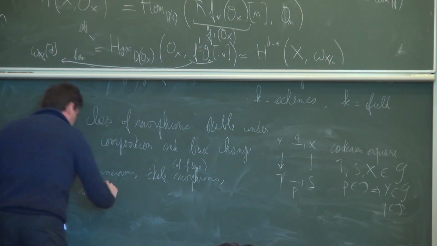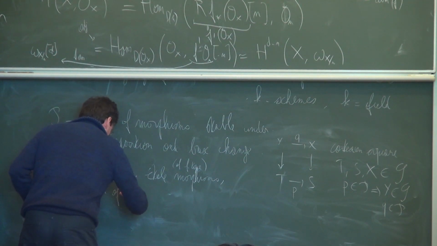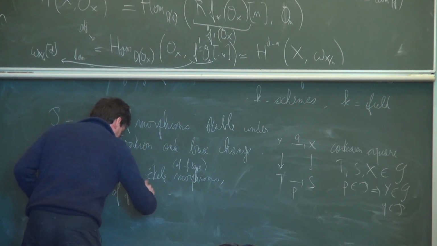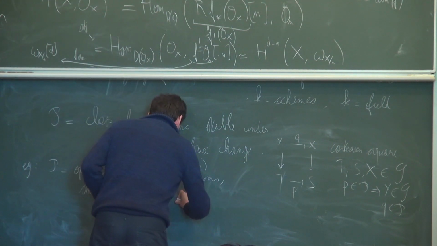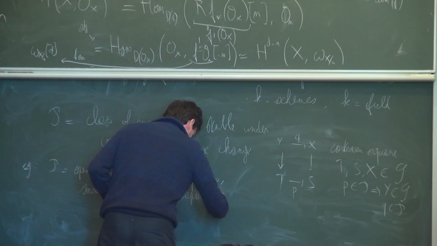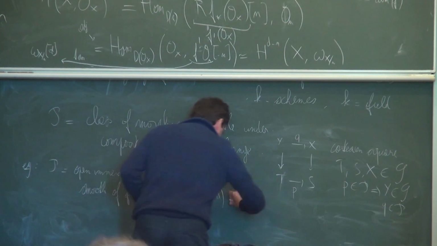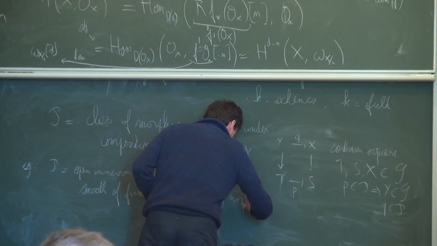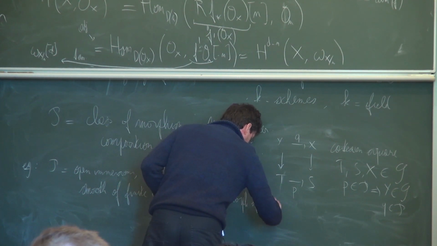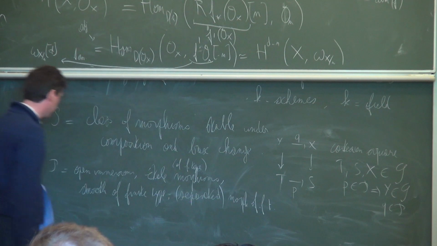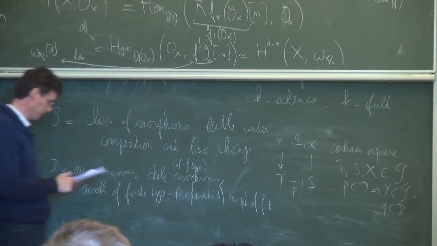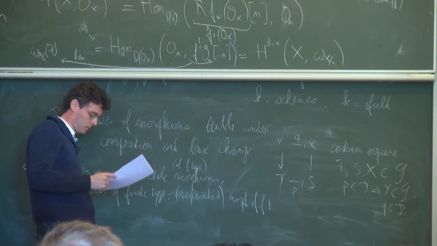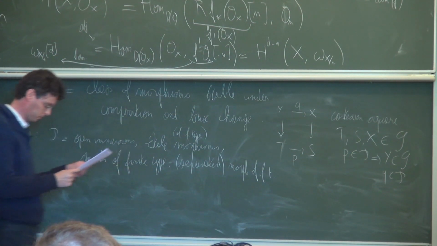In the motivic case, we will consider smooth morphisms of finite type. But you can also consider all separated morphisms of finite type. The assumption separated is, strangely, not absolutely necessary.